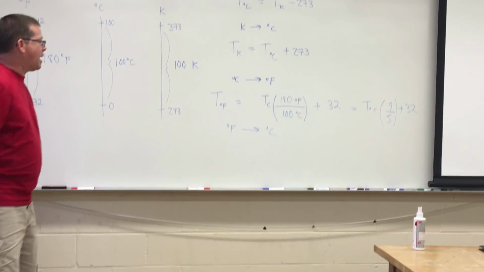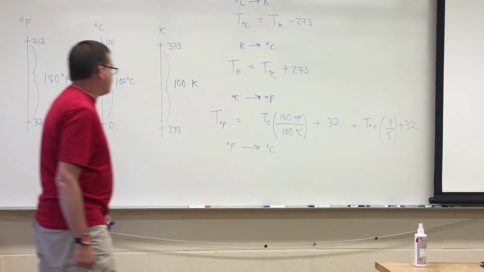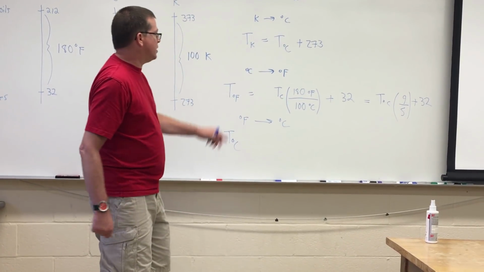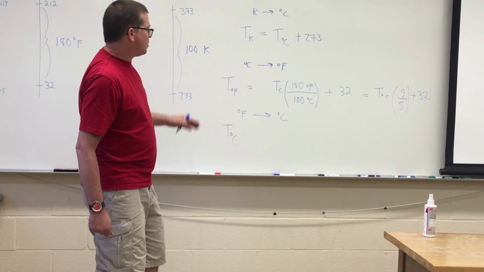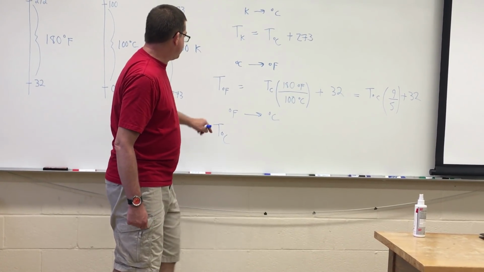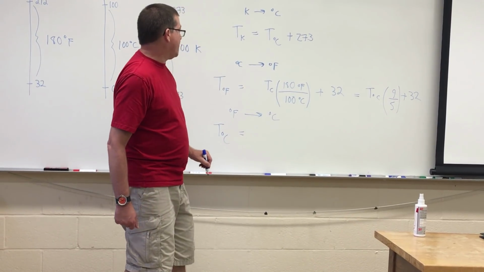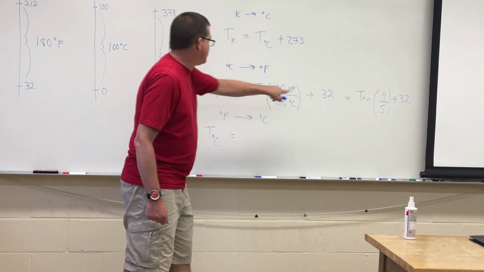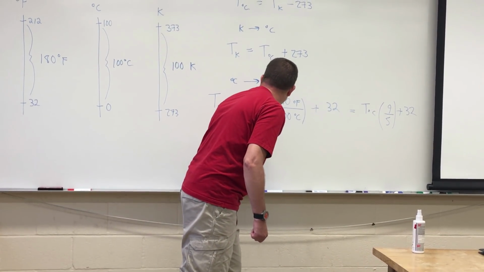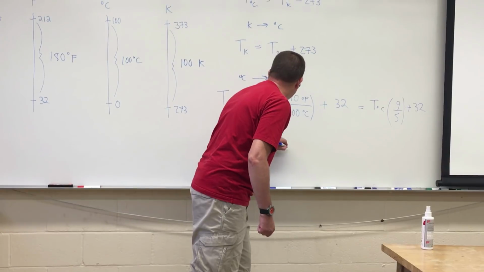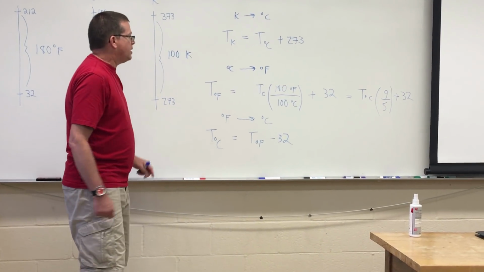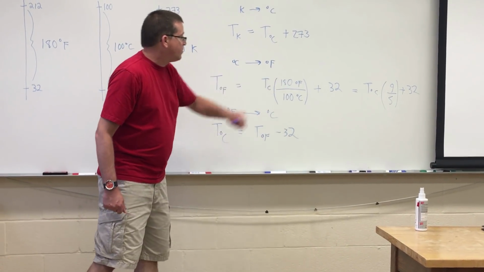Now if I want to go in the opposite direction, so I want to end up with temperature in degrees Celsius, all I have to do is algebra on this. Let's think about what I have to do. I'm going to solve for the temperature in degrees Celsius, so I have to take the 32 to the other side. I'm going to have the temperature in degrees Fahrenheit, and subtract from that the 32, but now I have to account for the ratio of 9/5.